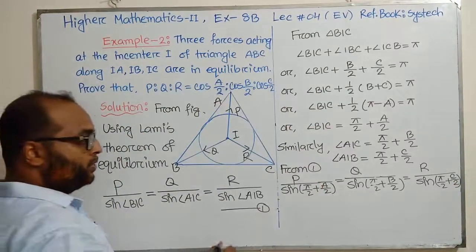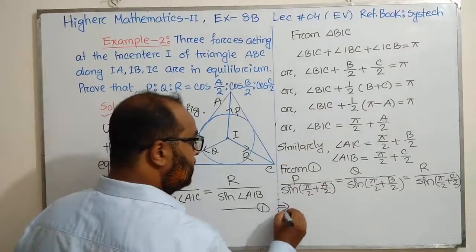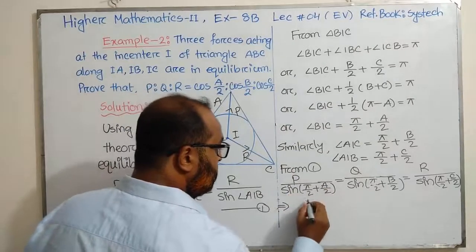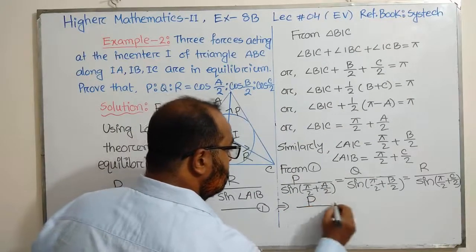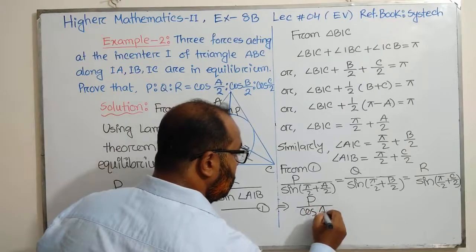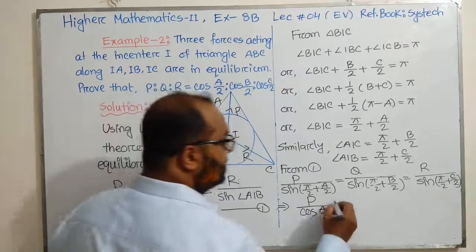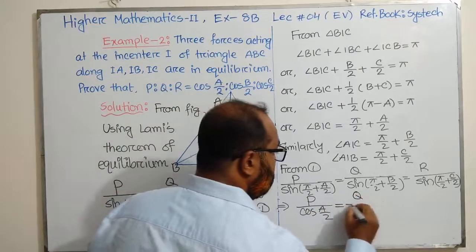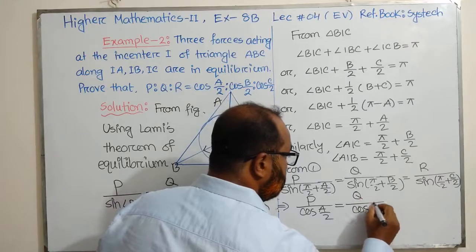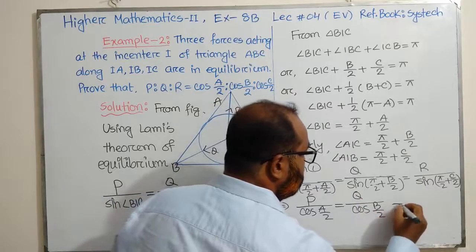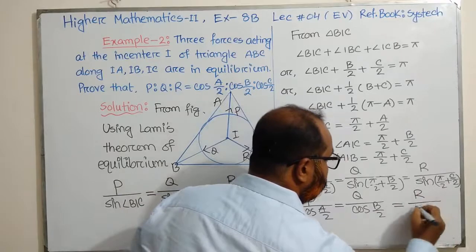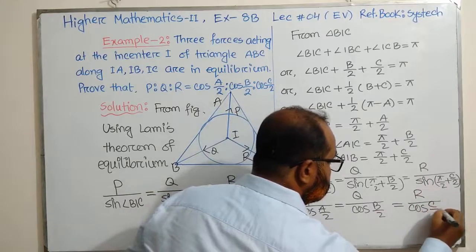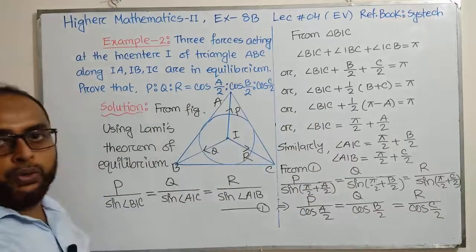From trigonometry, you know, we can write P by cos A by 2 equals Q by cos B by 2 equals R by cos C by 2.